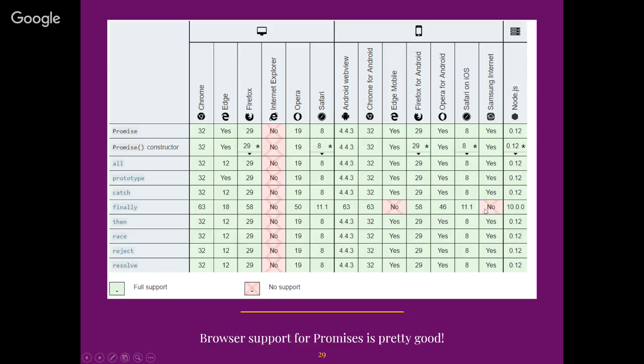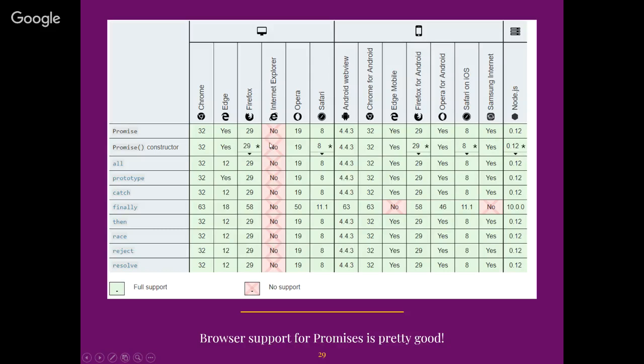Some versions of those do not support the finally method. So if we want to use the finally method on these specific versions of the browsers, we have to provide a polyfill. You can search online for polyfills for promises. They have been around for quite some time now, so you have no problem getting those at your disposal.